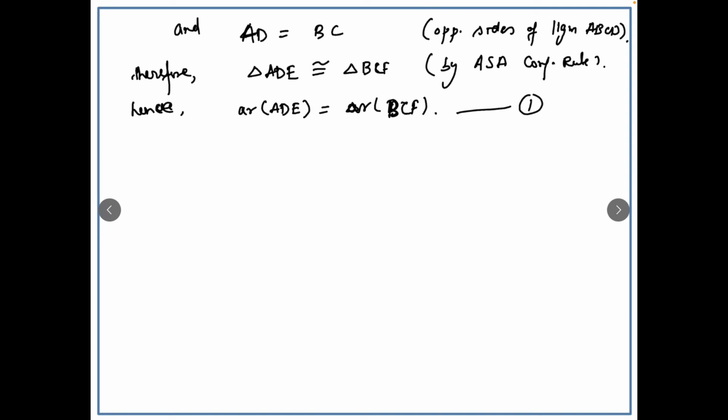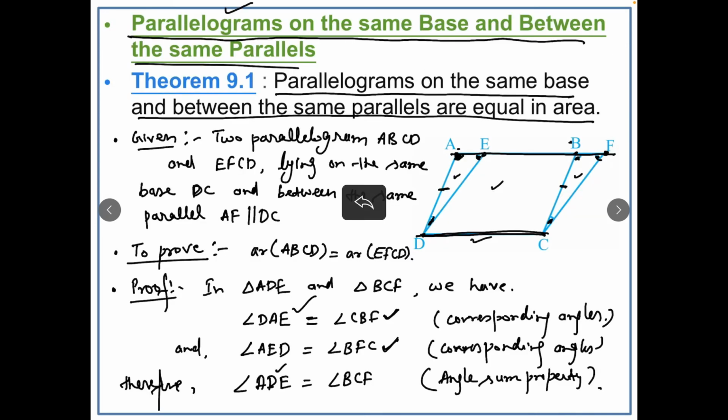Let's name it equation number 1. Now we have proved that the areas of these two triangles are equal to one another. Now we are going to add the area of this shape to both the triangles.